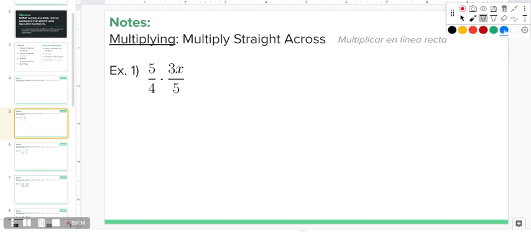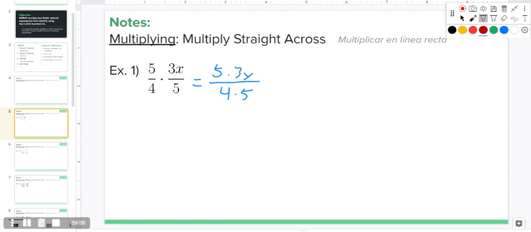If we have 5/4 times 3x over 5, we're going to multiply straight across. We rewrite this fraction with 5 times 3x up top and 4 times 5 on the bottom. It helps if we start to simplify as we go.